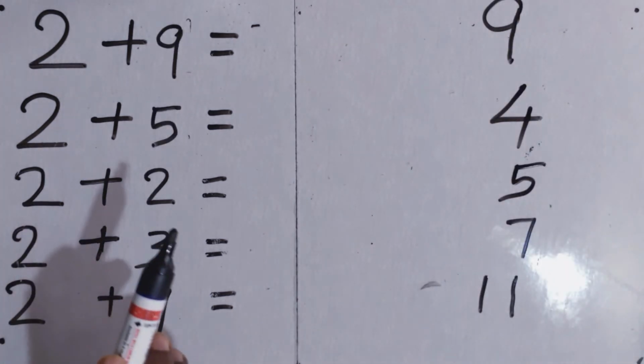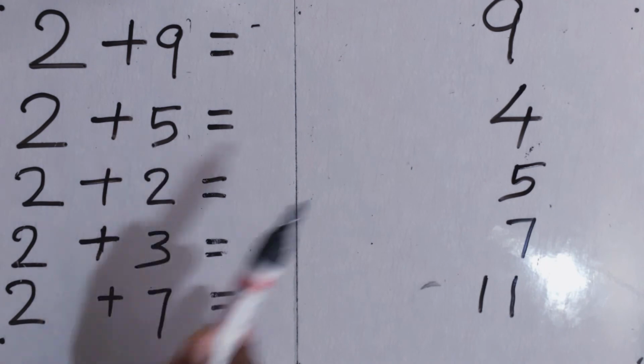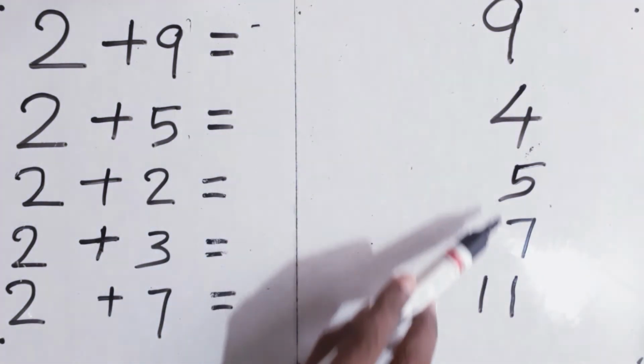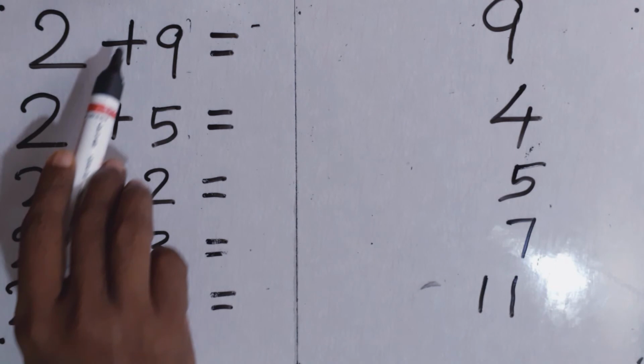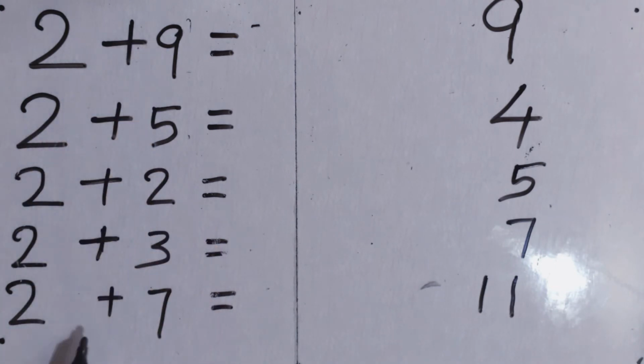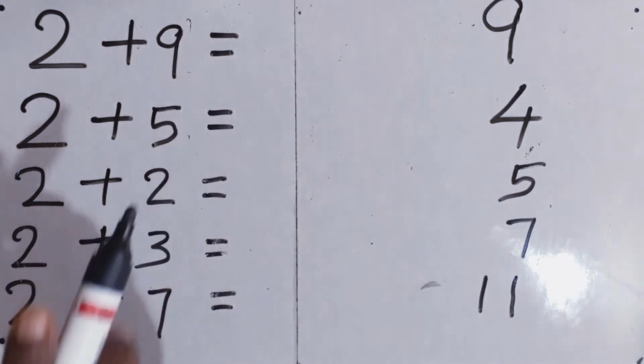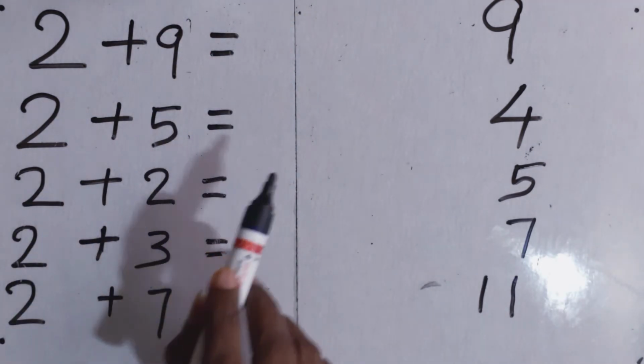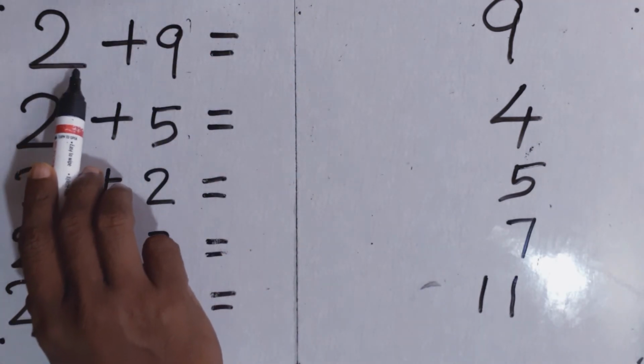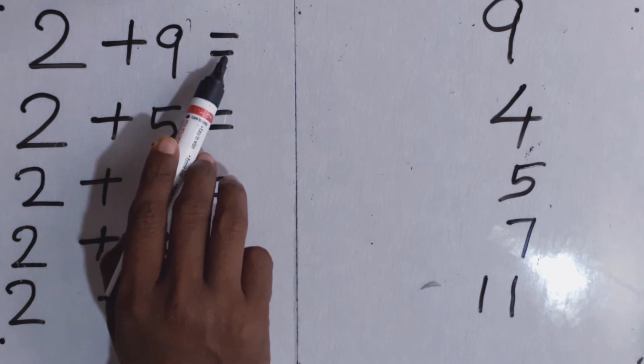Dear students, now you observe here some of the numbers are here and here some of the additions are here. Now you match the following. Now we are learning match the following. 2 plus 9 is equal to.